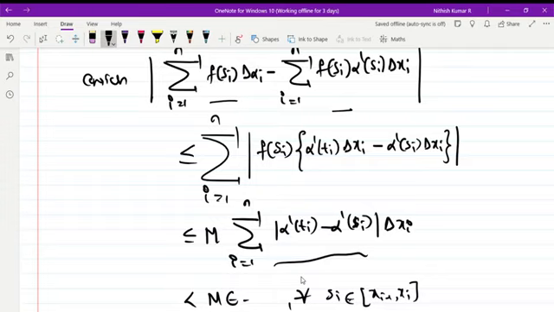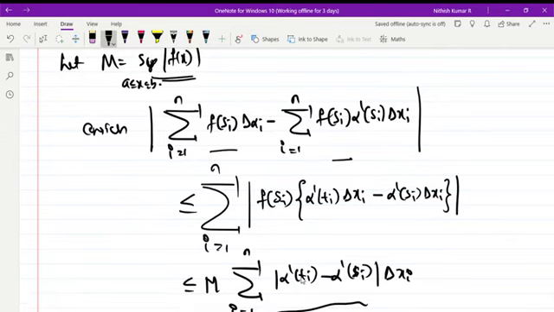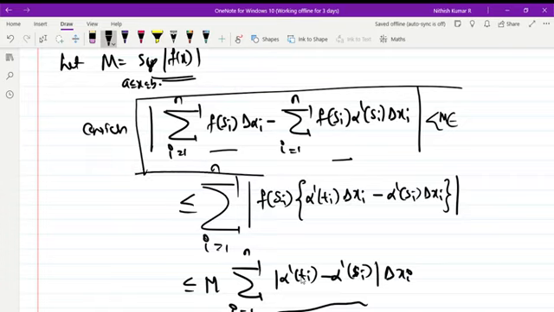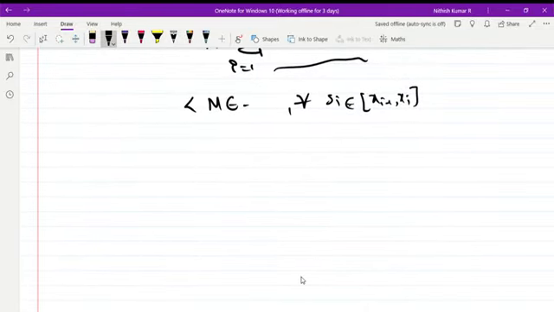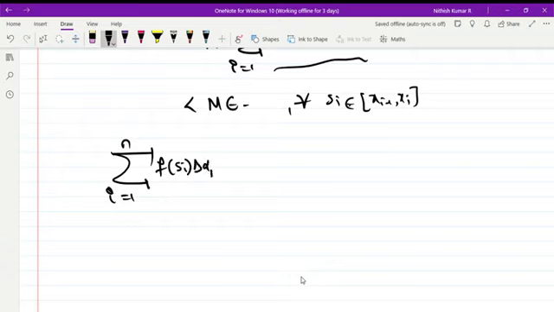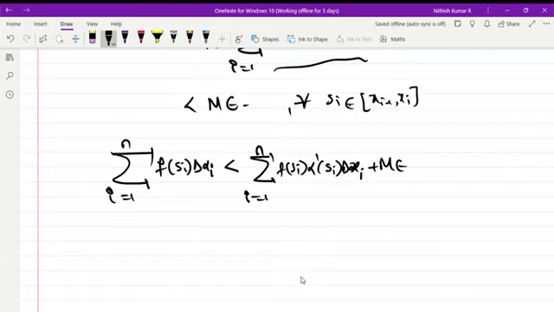So therefore, using this expression, the summation i equals 1 to n of f of si into delta alpha i is less than the summation i equals 1 to n of f of si alpha dash of si into delta xi plus M into epsilon.